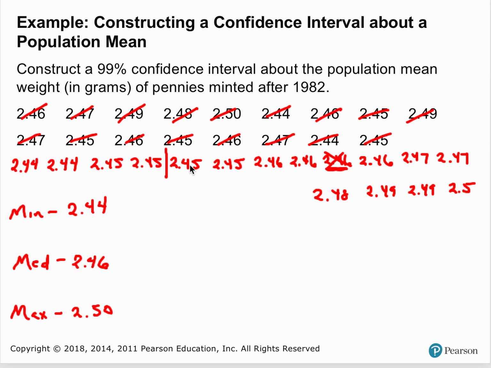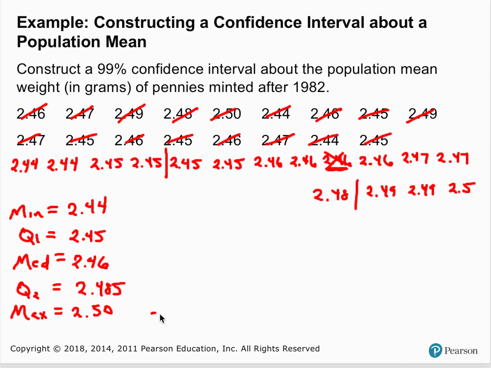Okay, so 2.45 is my first quartile. And my third quartile is at 2.485.